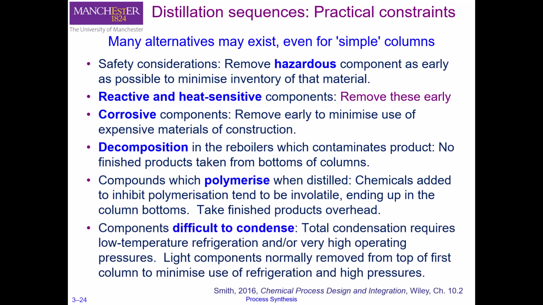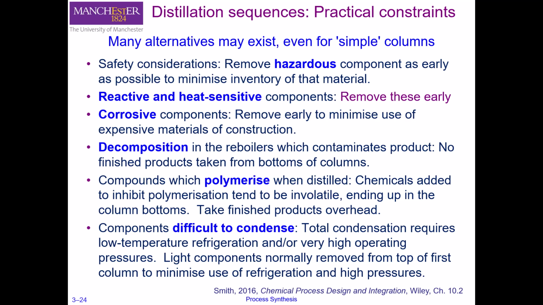And the final point is that low boiling components are difficult to handle, because most of the time these low boiling components require refrigeration to condense, and it means that all the columns that contain these low boiling components require refrigeration. And refrigeration is far more expensive compared to cooling water or other utilities.